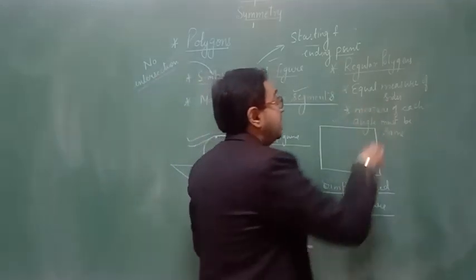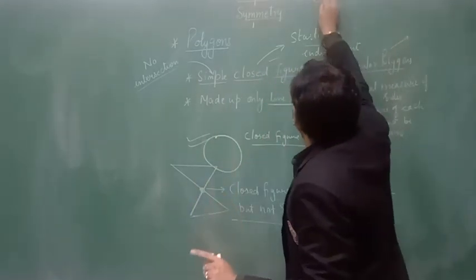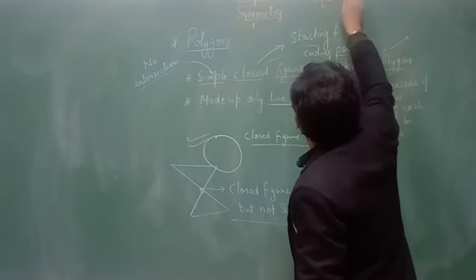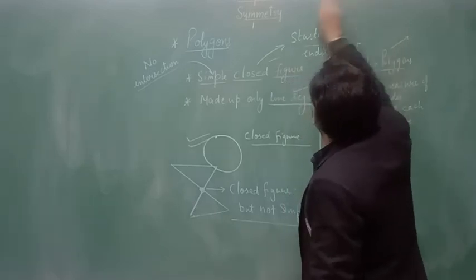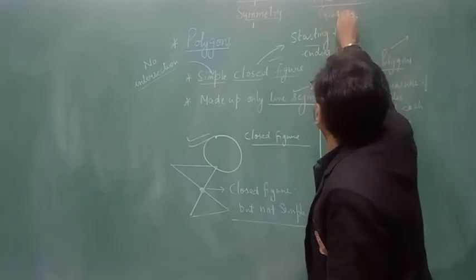Equal measure of angles. Now, the smallest regular polygon is an equilateral triangle, because all 3 sides are equal and each angle is 60 degrees. Then square in terms of quadrilateral.